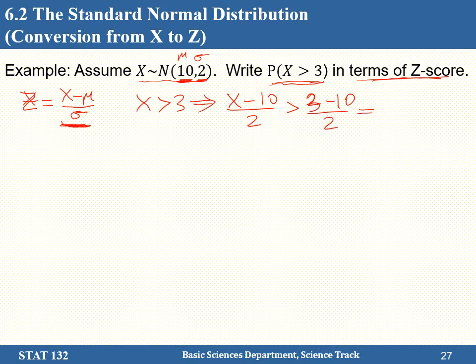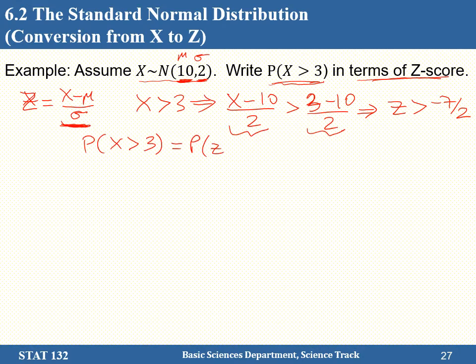And then this one becomes Z. Now Z is bigger than, what is this? This is negative 7 over 2. So we can say that the probability that X is bigger than 3 is equal to the probability that Z is bigger than minus 7 over 2. And in the same way, we can do the other questions.